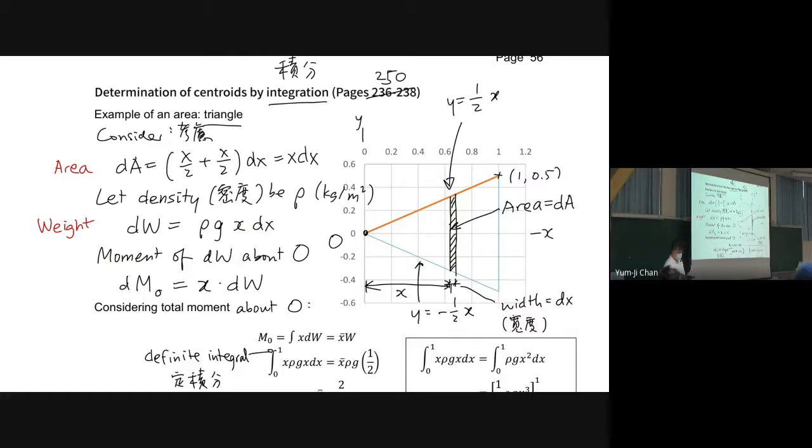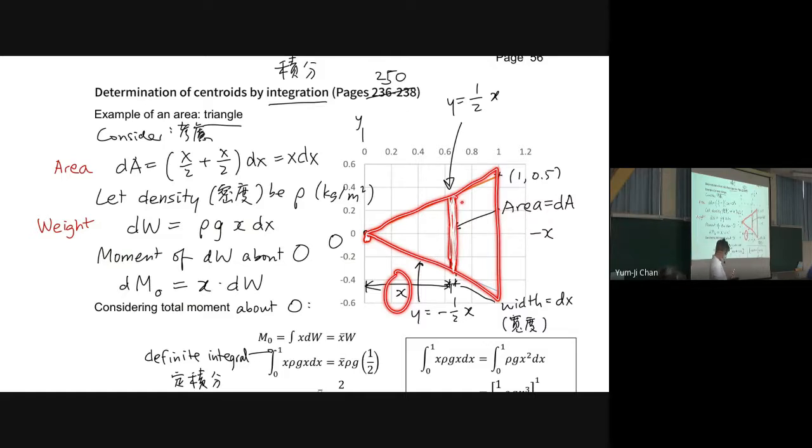After we know this dA about O, we want to determine the total moment of the total area about O.